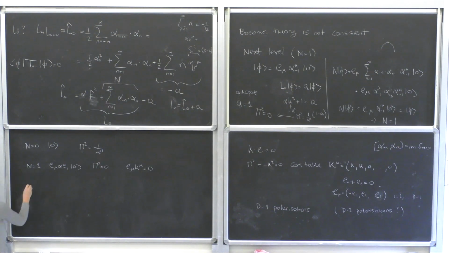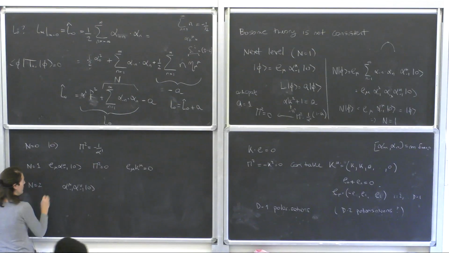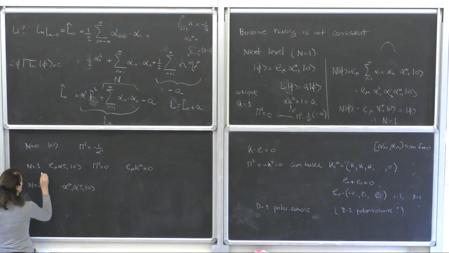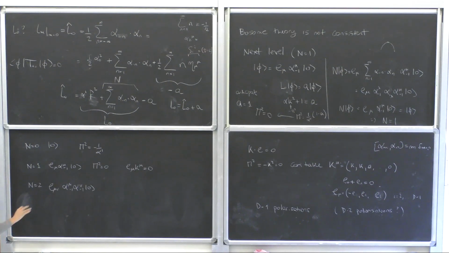And then I can keep going. So what states do I have at n equals 2? I have alpha mu minus 1, alpha nu minus 1 on 0, and E mu nu. And this commutes, so this E mu nu should be symmetric, so it's a symmetric tensor.